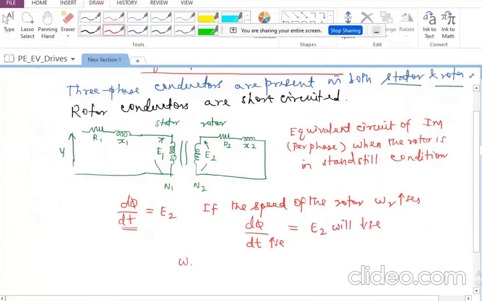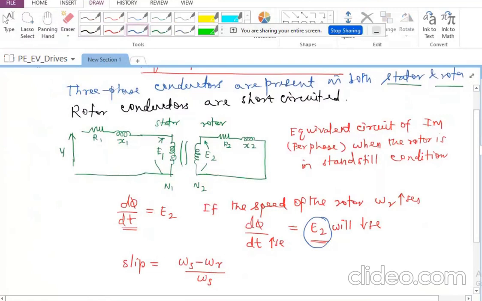So omega S minus omega R plays a vital role in deciding how much is the induced EMF. We have a specific quantity called slip in induction motor, which we define as omega S minus omega R divided by omega S. So this slip actually decides indirectly the magnitude of this induced EMF E2.